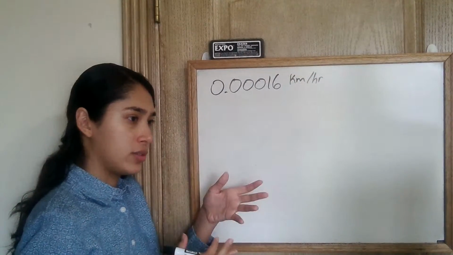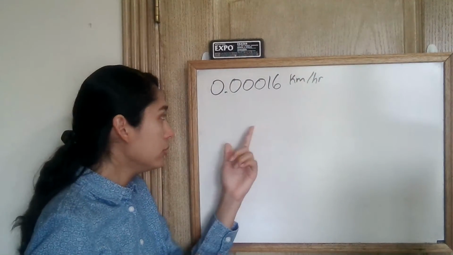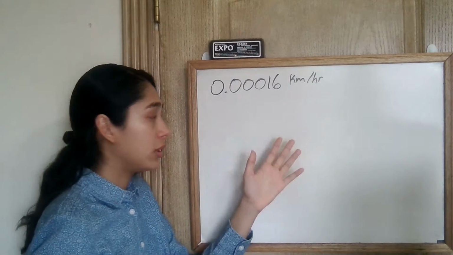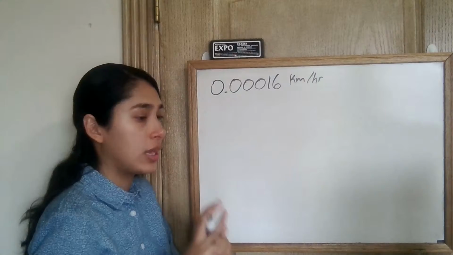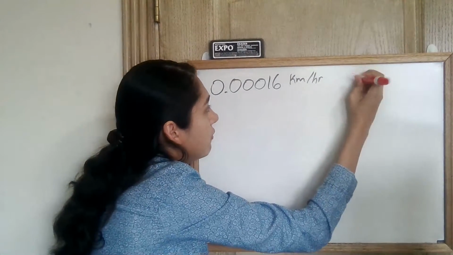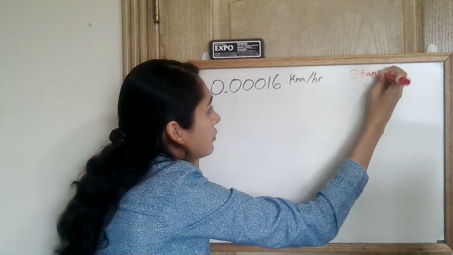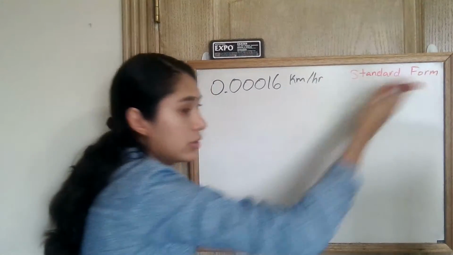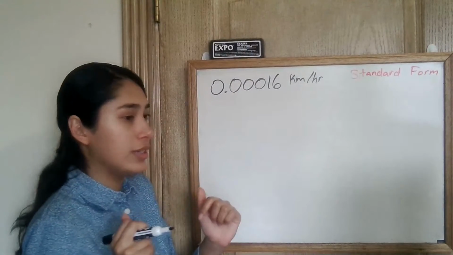So we have this rate. We want to convert it now into scientific notation. The way we see it, in plain layman's terms, that is standard form. Let's go into scientific notation.